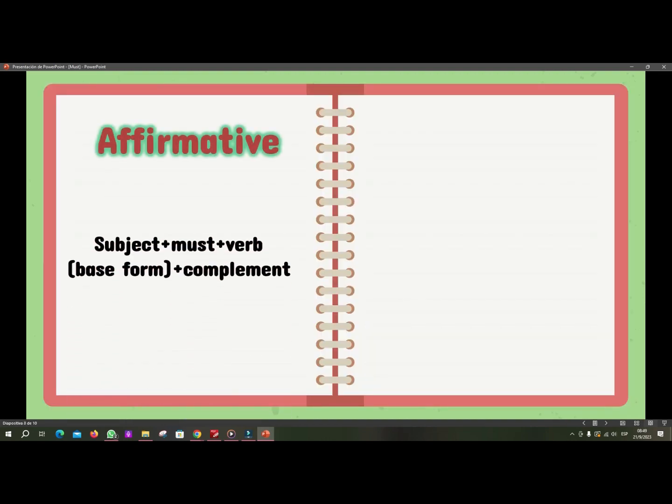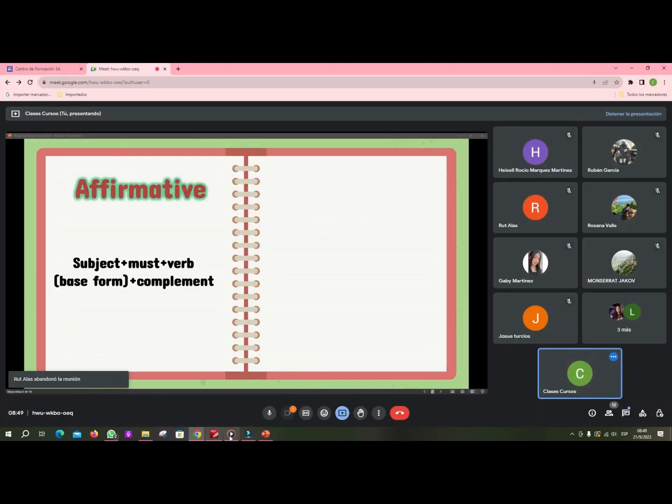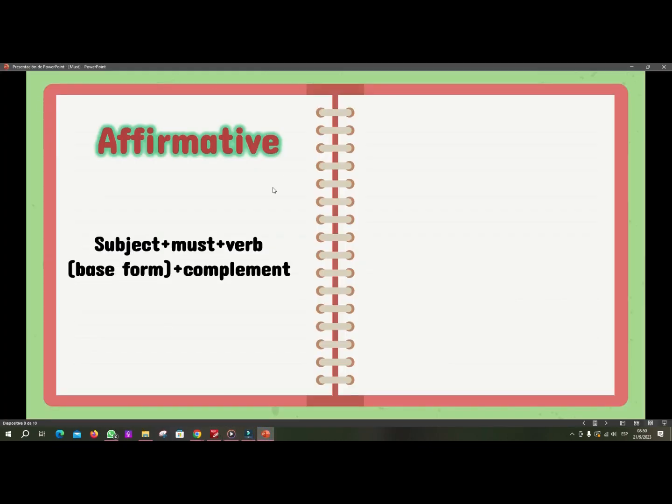Affirmative. Here you have the structure, the grammar structure. First of all, you're going to have the subject, then must, that will be, in this case, the modal verb, then the verb in the base form, plus the complement. For example, you must do your homework.